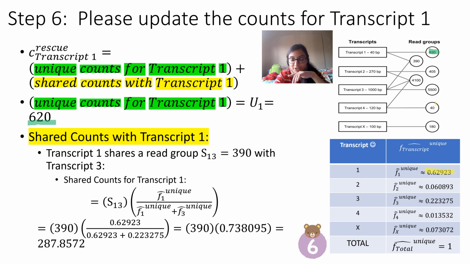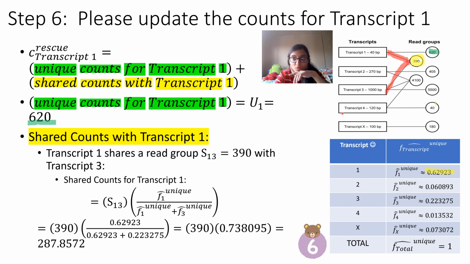What is it sharing? It's sharing this 390, but who can have claim to this value? Transcript 1 is sharing it with transcript 3. So that's what we're going to focus on. This is your S13, 390. So transcript 1 shares a read group of 390 with transcript 3.